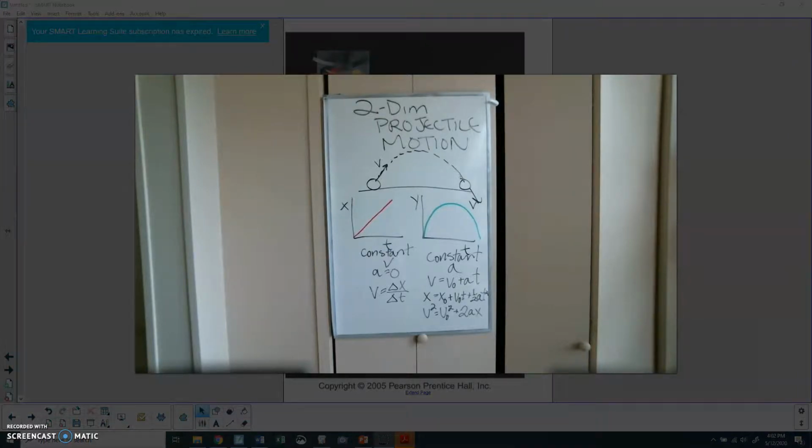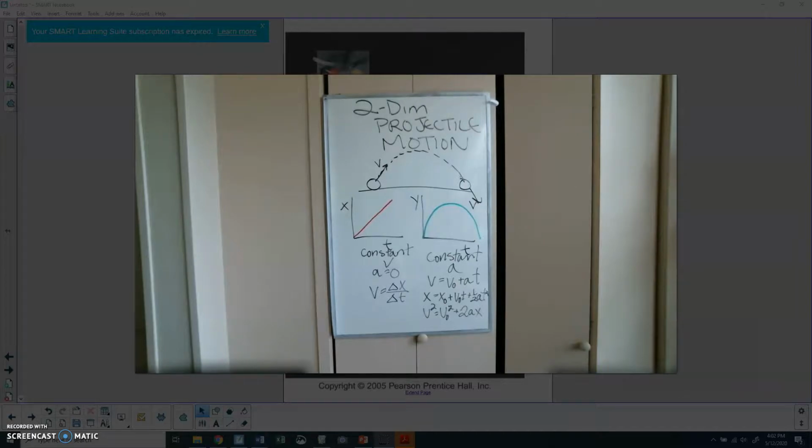I use my vertical motion to determine how long I'm in the air. And the amount of time that I'm in the air determines how far I can get horizontally. So my velocity vector, and we did this, if I had a 45-degree angle, that's my optimum angle. I'll go the farthest with a 45-degree launch.